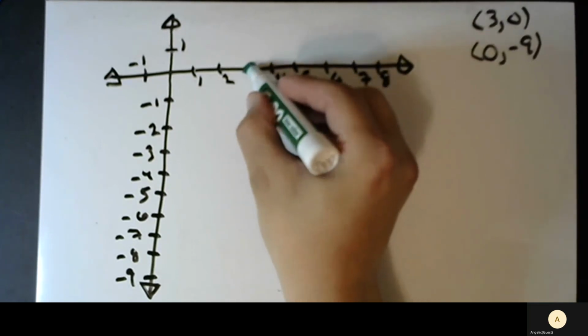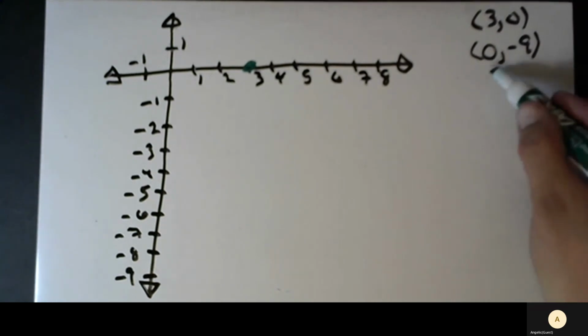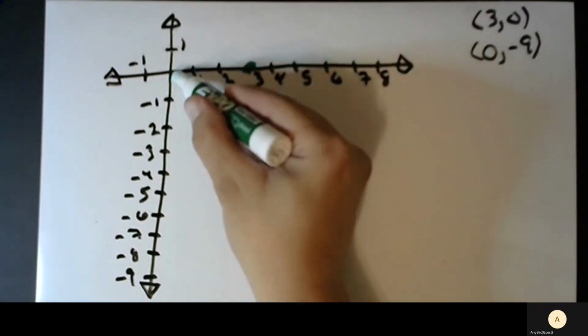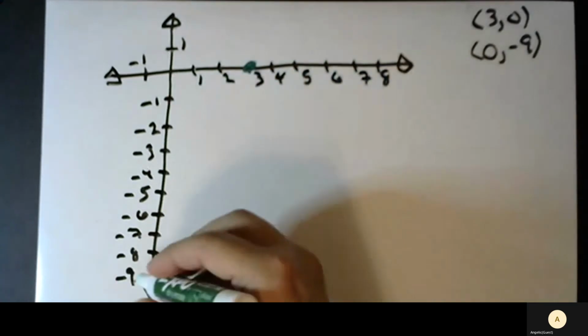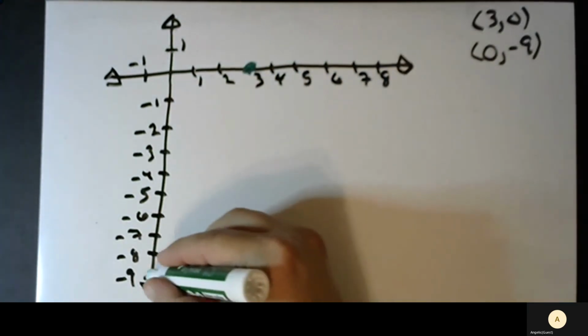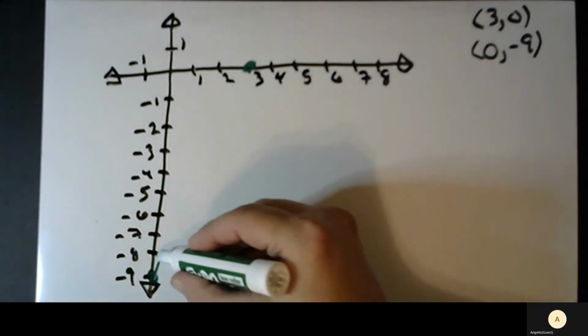That's going to give us our x-intercept here. And again, that's on the x-axis. And then for 0, -9, well, x is 0, so that means we don't go anywhere, we just stay. But then y is -9, so we drop down to -9, and then we draw our line.